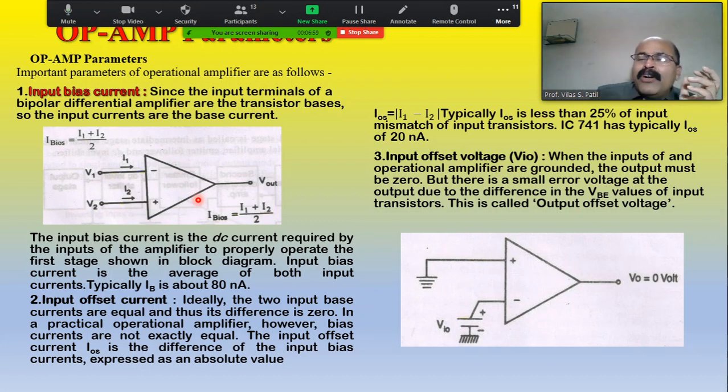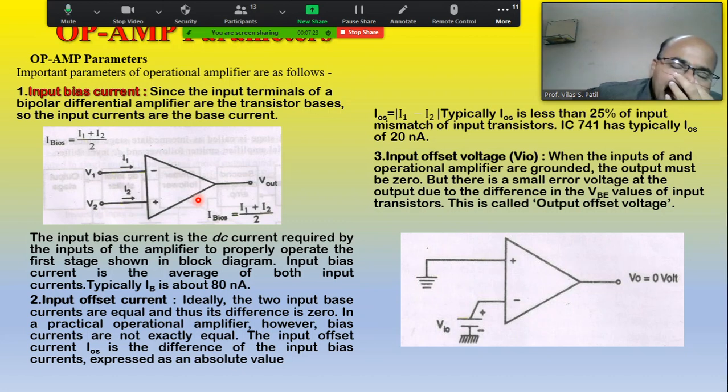Why is this needed, friends? For the proper working of the first stage of the differential amplifier, that is, the first stage of the operational amplifier, the input bias current is very essential.